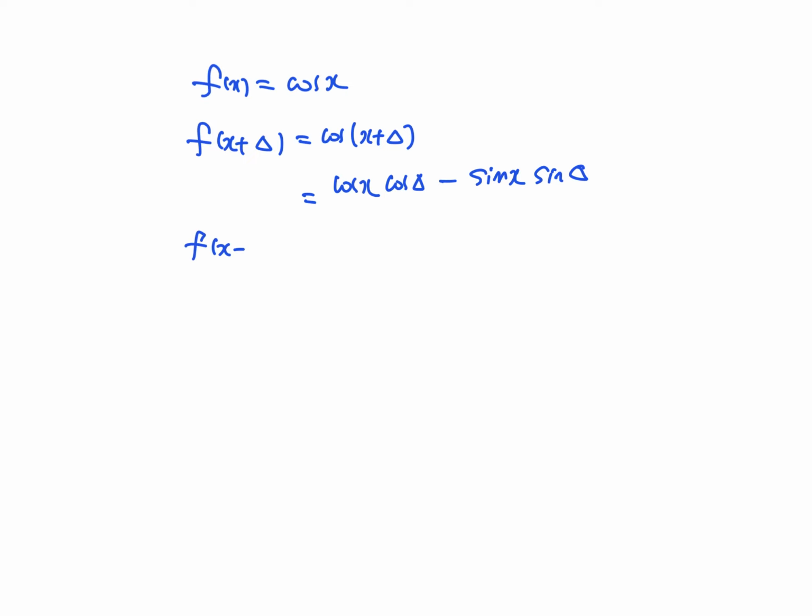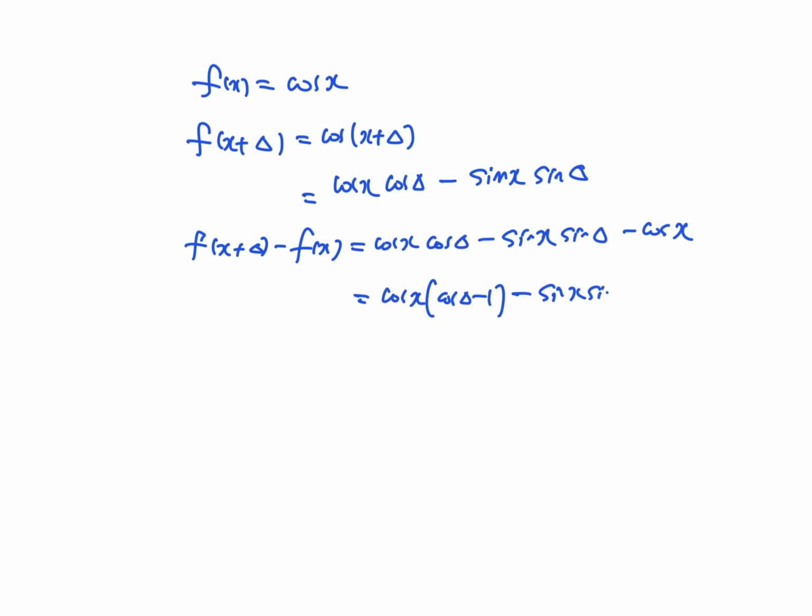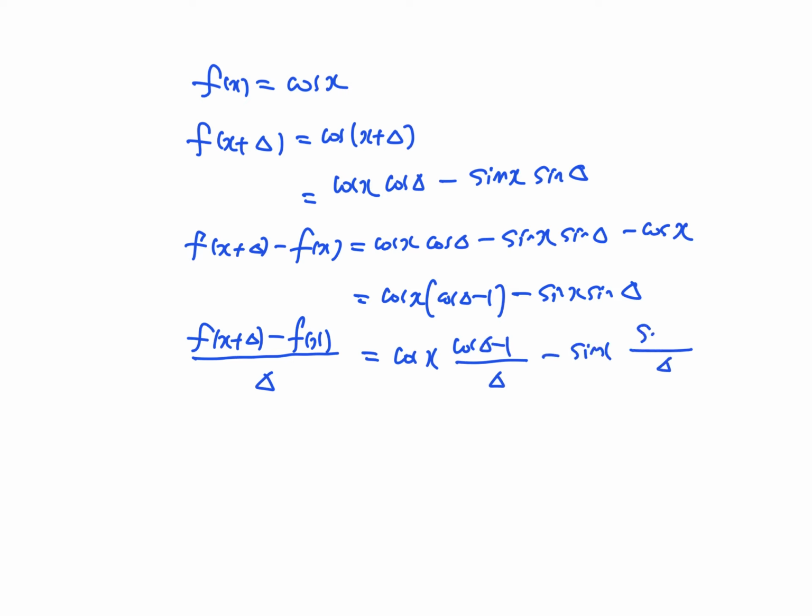So f(x+delta) minus f(x) is cos x cos delta minus sin x sin delta minus cos x. Dividing by delta, this goes again to 0, and this goes to 1.